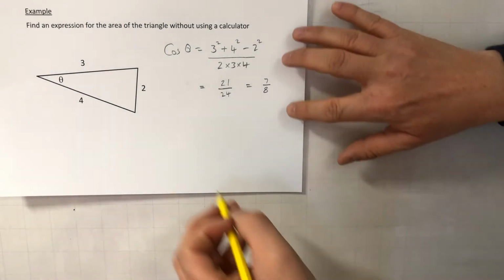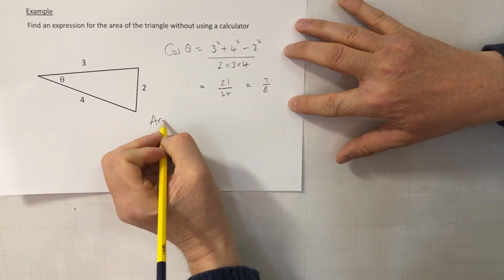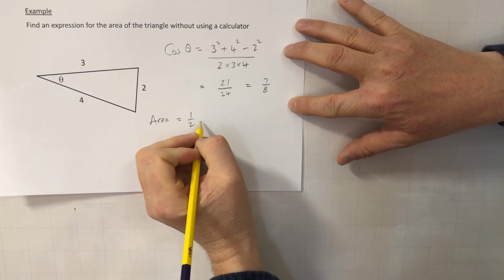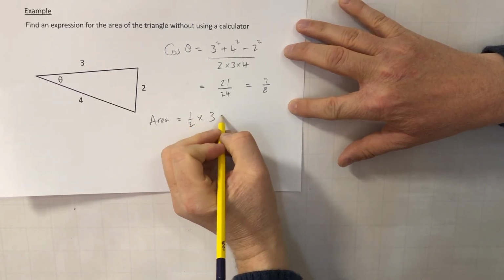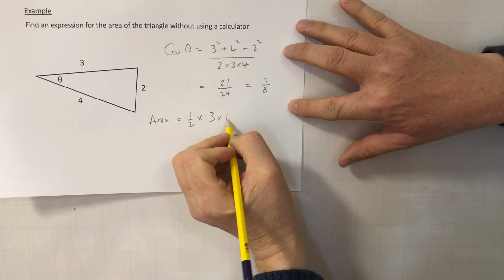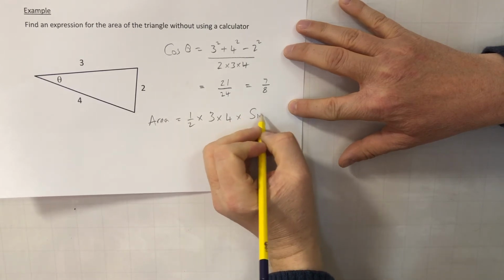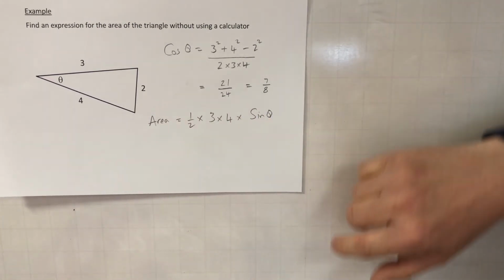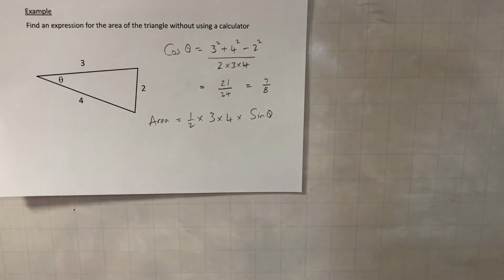Now the thing is though, to work out the area, we require half of A times B times the sine of that angle. We don't know the sine of that angle. Now you've got two ways here.